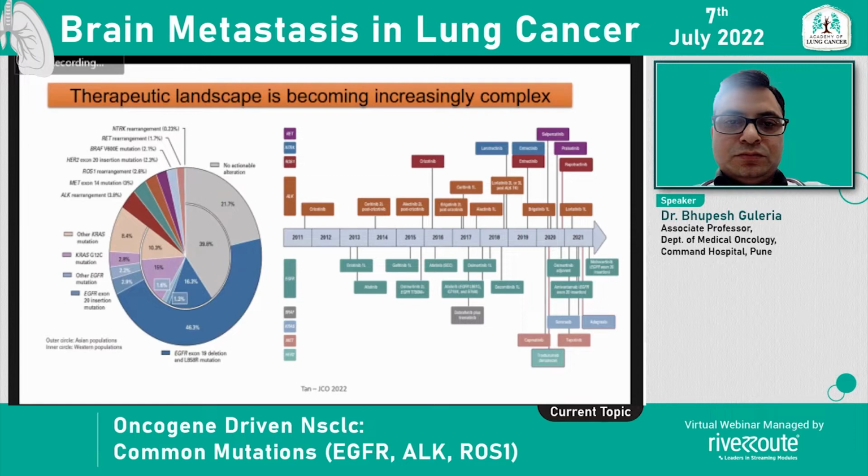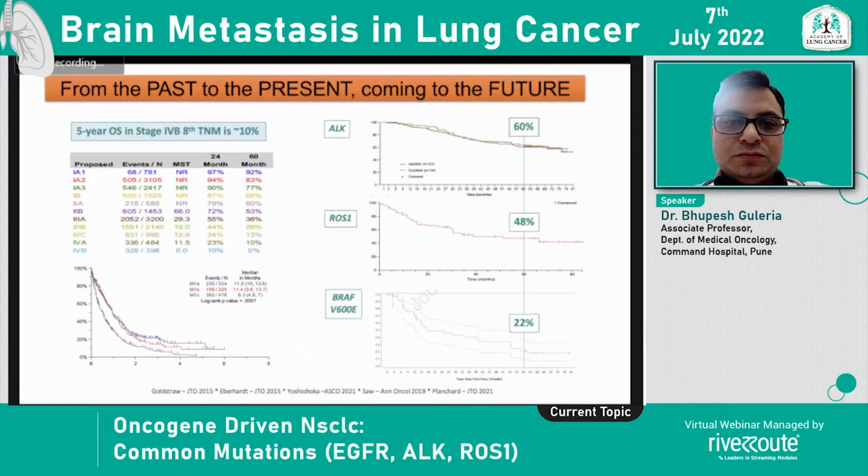Besides that, we have ALK and ROS1 mutations along with MET mutations. The evolution of the drugs has also been significant over almost 1.5 decades, and we have newer drugs and newer options, which are giving us better efficacy as well as better penetration in the CNS, which was considered a significant prognostic factor.